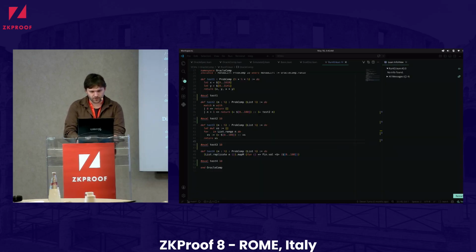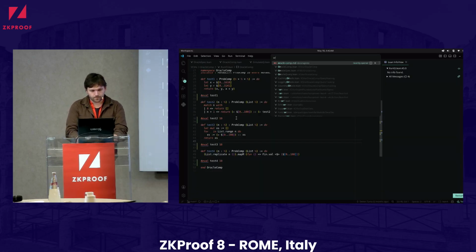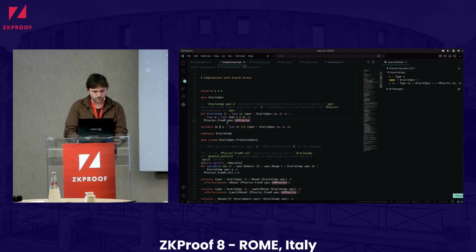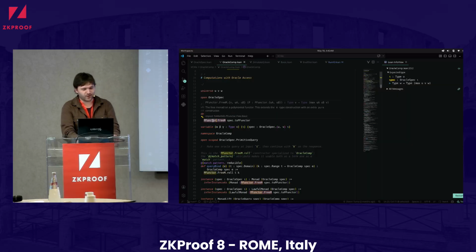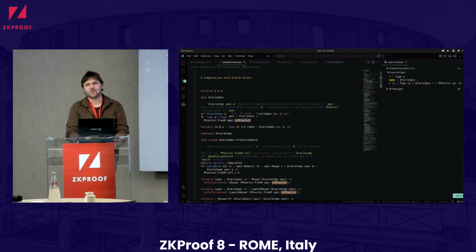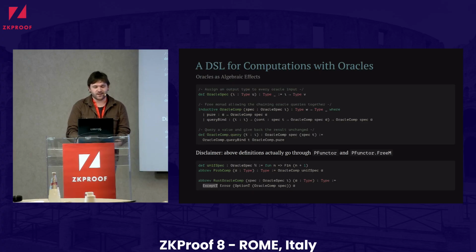And I can show really quickly, if you actually look at, okay, what is OracleComp actually defined as? It's the free monad over this polynomial functor of convert the spec to a polynomial functor. It's just a thin interface, but in practice it means these things.